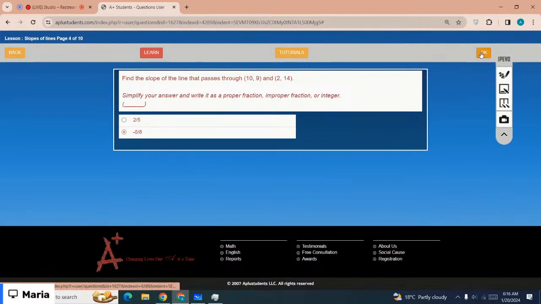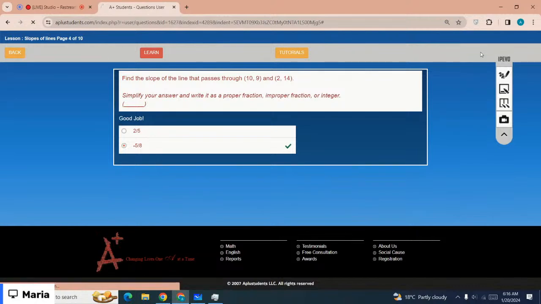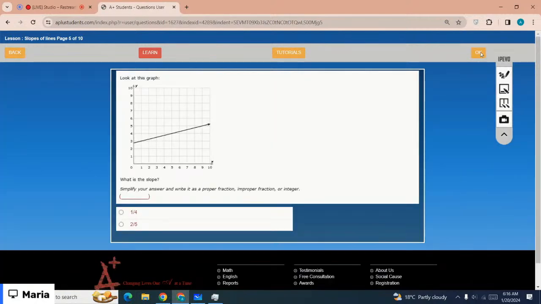Option number 2 is the correct option. Got it? Look at this graph.